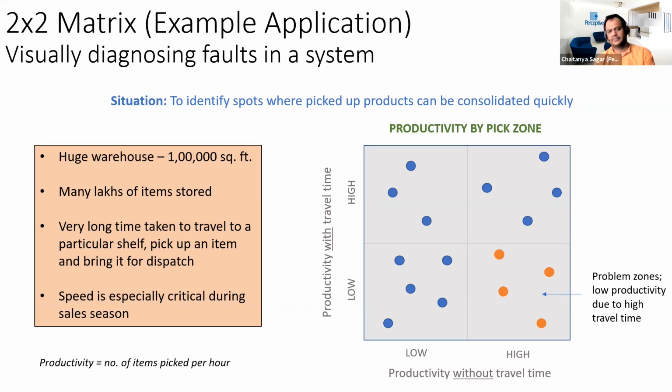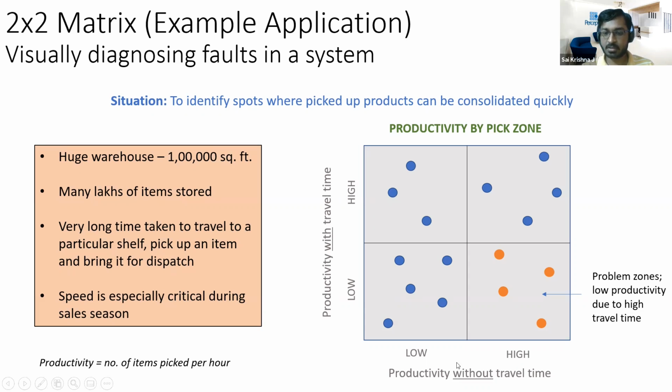Let's say a mouse. It will be in a big box, and that box will have a lot of other models of mice as well. He has to search through that box, pick up that particular mouse, and scan it with the handheld device. This constitutes the picking time. Once he picks up that item, he has to travel from there to the drop zone, and this is what we call the travel time.